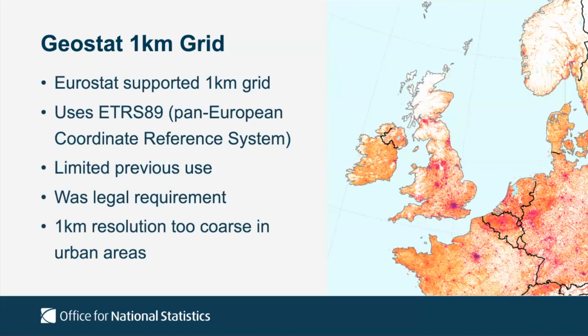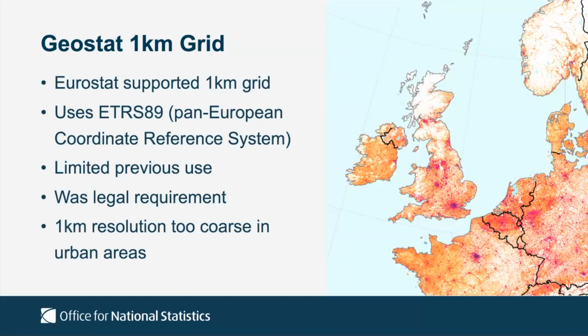It was introduced just over 10 years ago, prior to the last round of censuses in the 2010s. It uses the ETRS89 coordinate reference system, which, if you look at the map, makes the UK look wonky compared to the British National Grid, or maybe a map on the weather forecast. And it's had limited previous use.